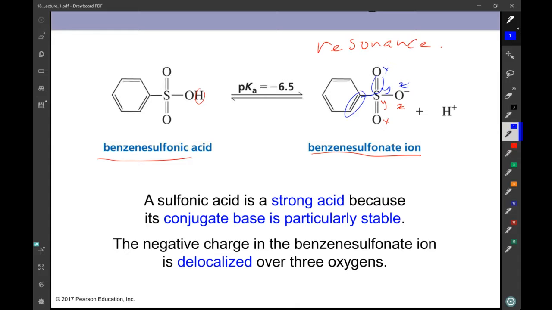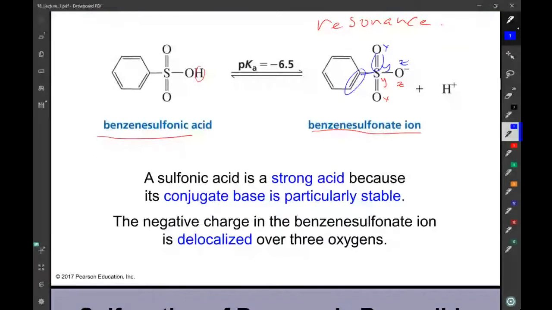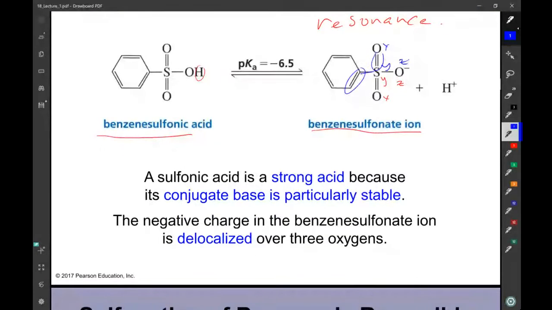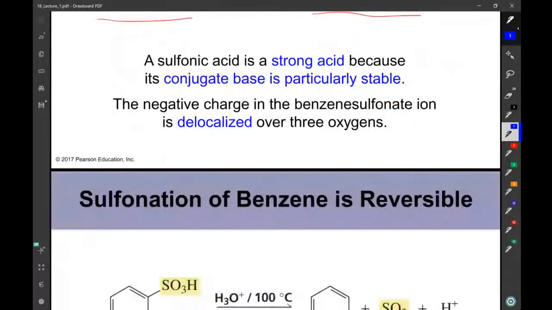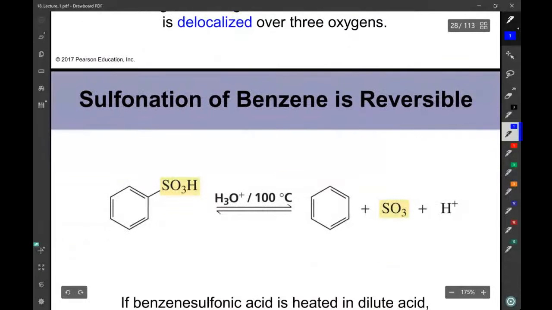So you have conjugation mixed with resonance, and it makes that conjugate base very stable. And if that conjugate base is very stable, then the acid is a strong acid. That's what we've talked about in the past. That's why benzene sulfonic acids are strong acids and very useful acids, especially in the drug industry.